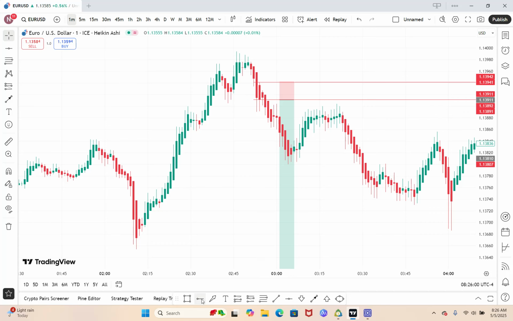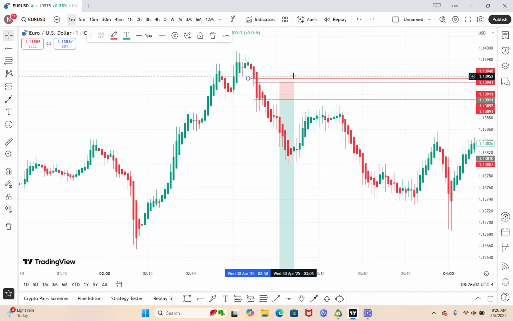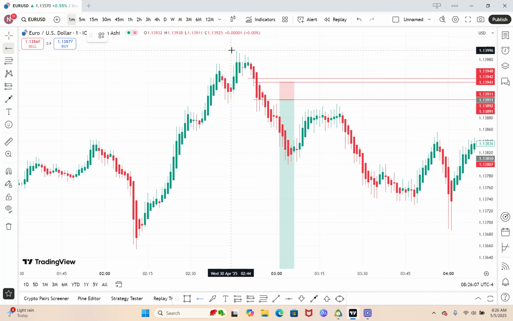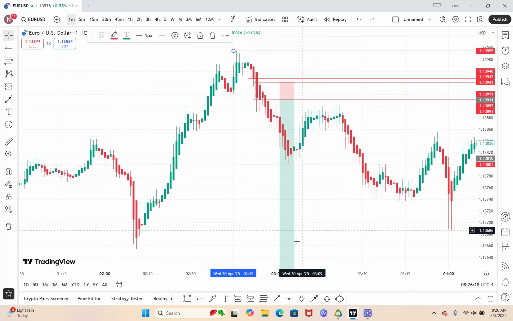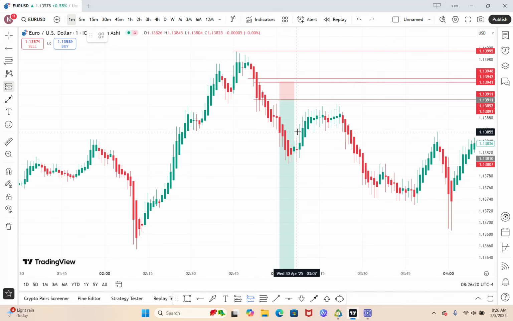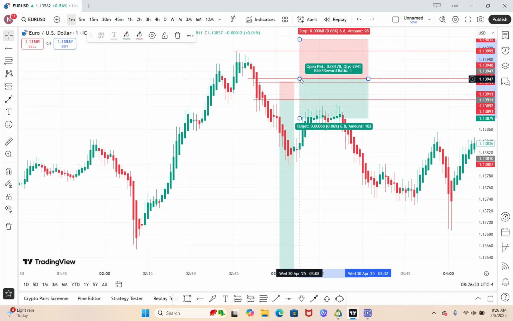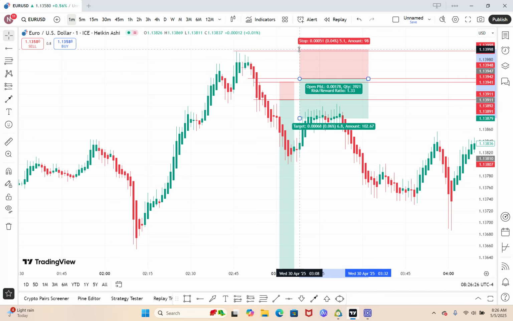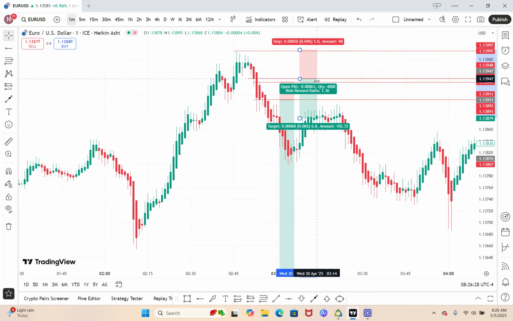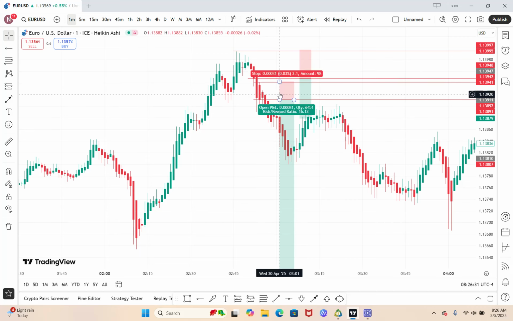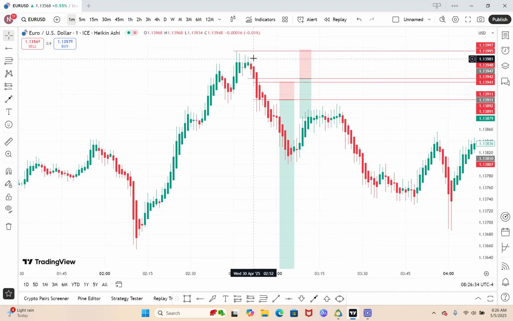So I want to scale into this area if this area is indeed, let's see, if sellers are still lurking around in this area. I want to scale into this area, because if buyers are able to push the market above here, they might not be able to push the market through here, right?